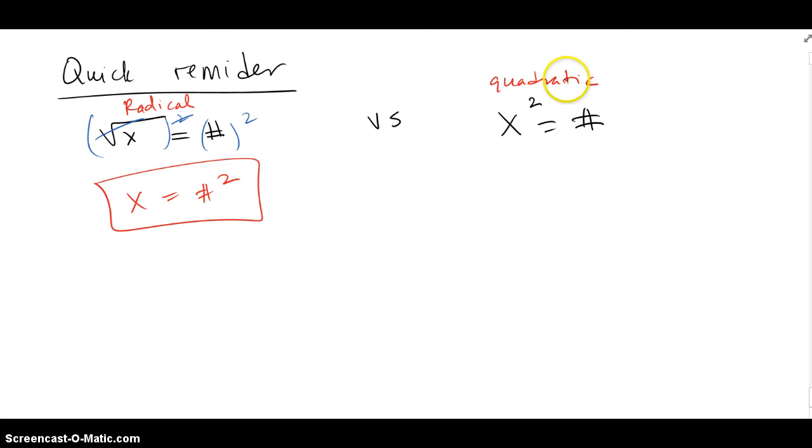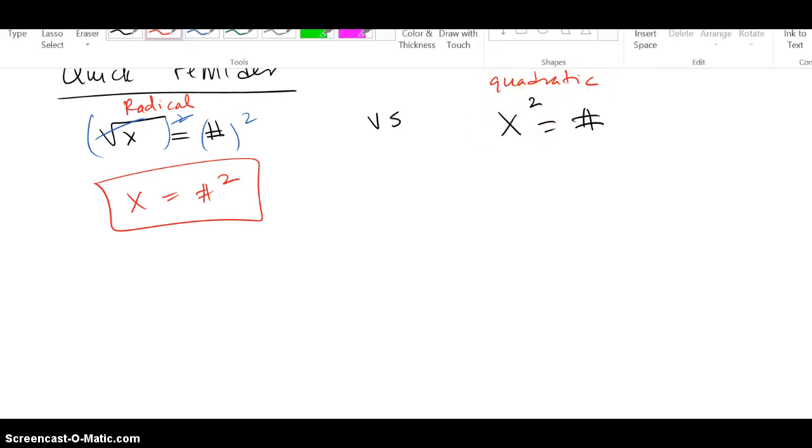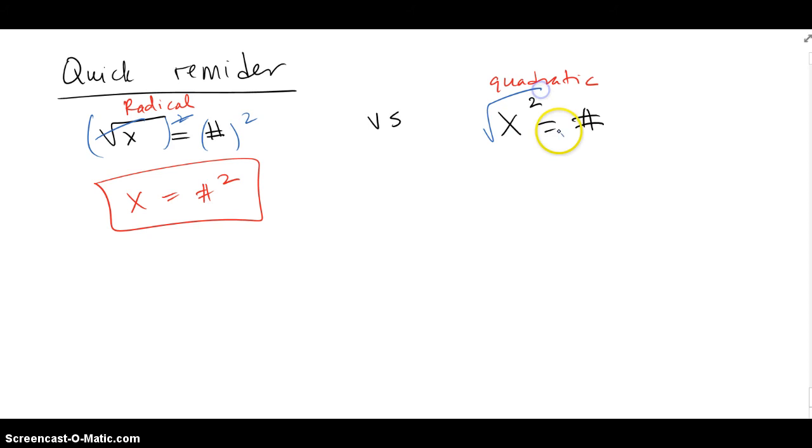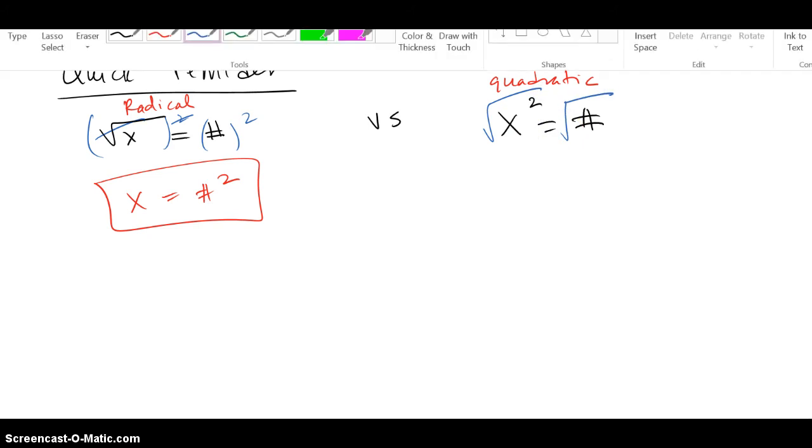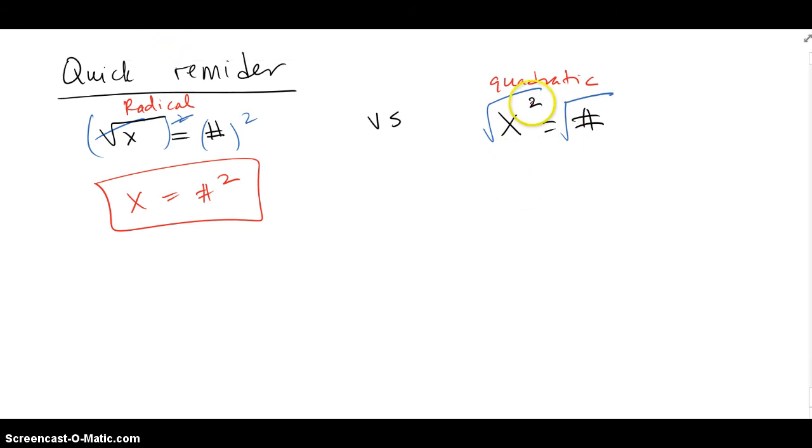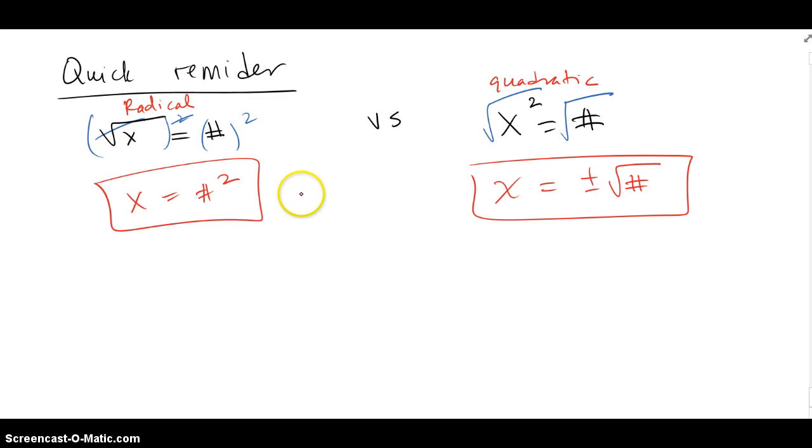Versus if you have a quadratic equation, you're going to undo that by square rooting both sides. And when you do that, you're going to end up with a lower exponent. It's going to knock down the power to an x equals plus or minus the square root of that number. So don't confuse the two, please.